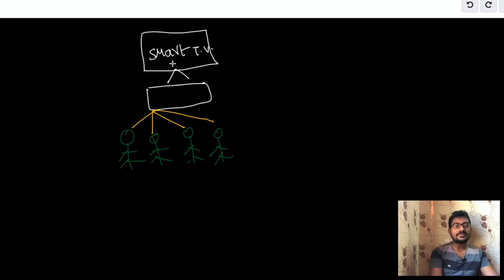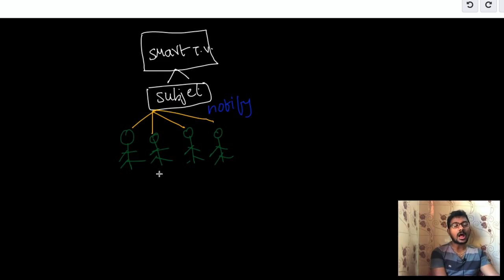Whenever this product is available, the notification would be sent to these people. So this subject will send the notification to the registered people. Here we can relate the smart TV as a subject and these people as observers.